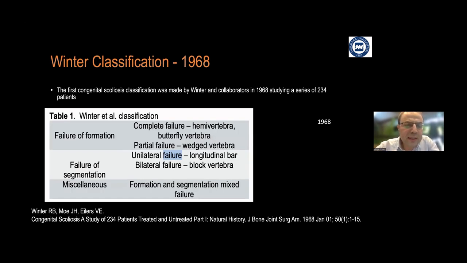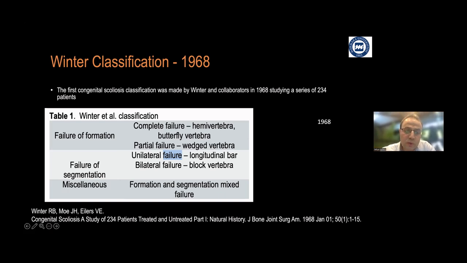When we look at the classifications, there is the Winter classification. All of us know this classification because it is the most used classification. It was written in 1966, and there is failure of formation, the second is failure of segmentation, and mixed.